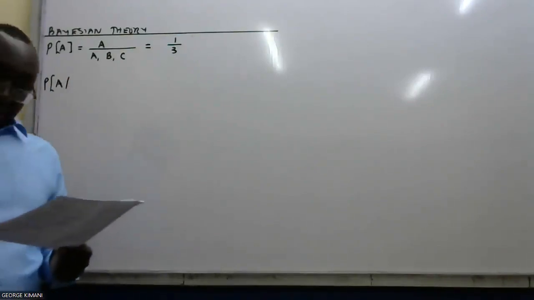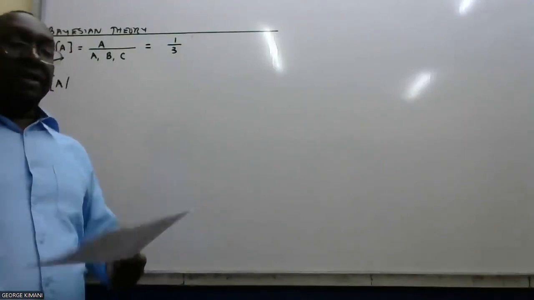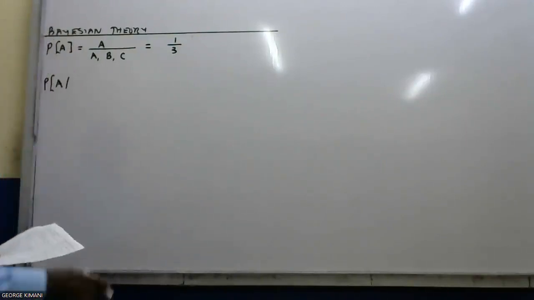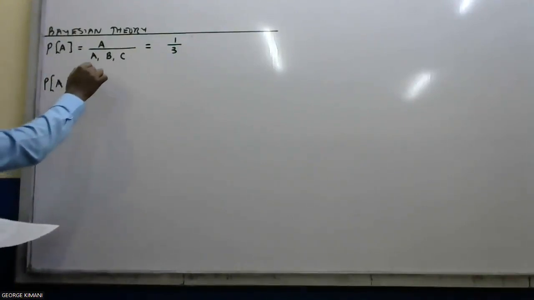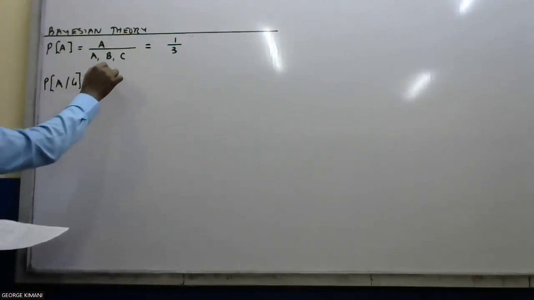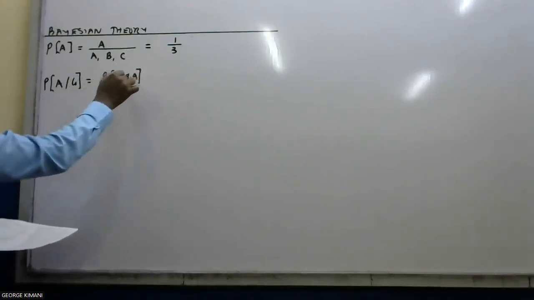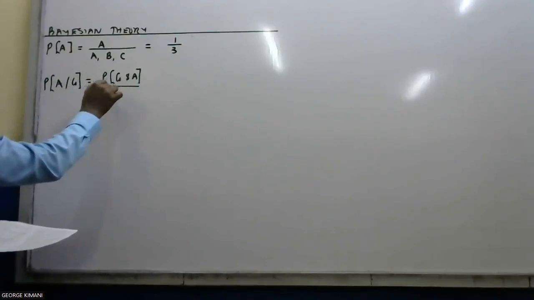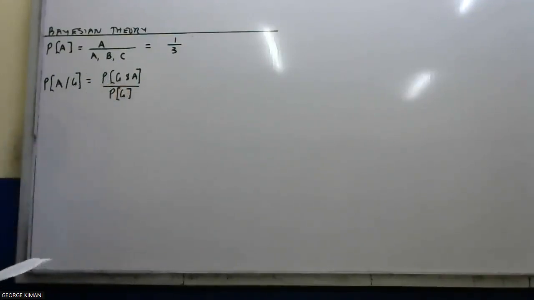So given, if you go backwards, you find gold. So given gold. Now this one opens up as probability of gold and A, you divide by probability of gold. That is how at the basic level it opens up.